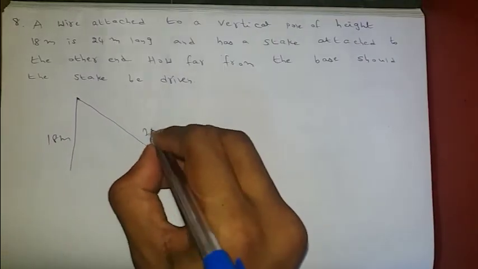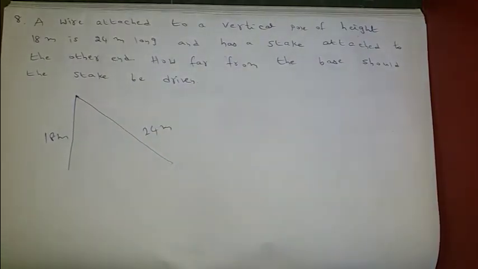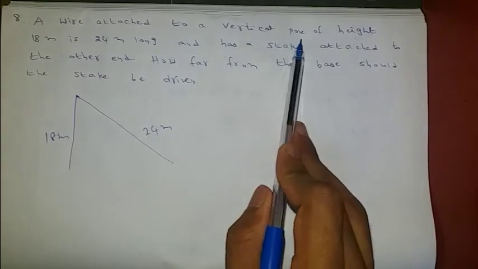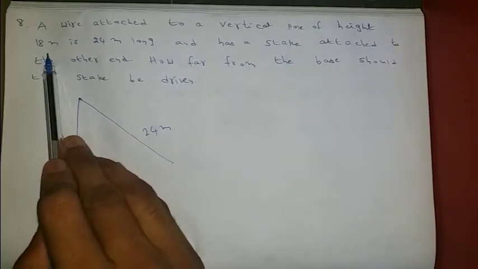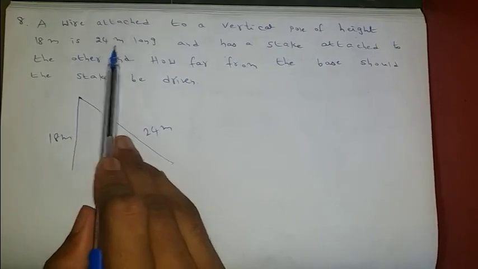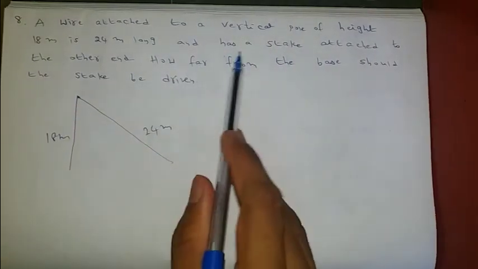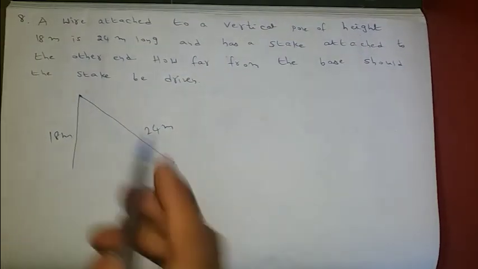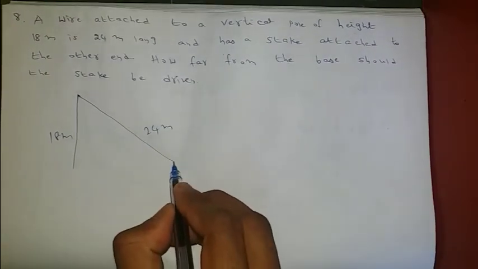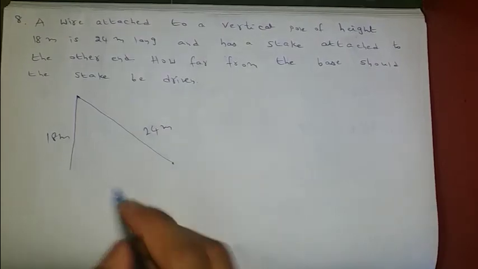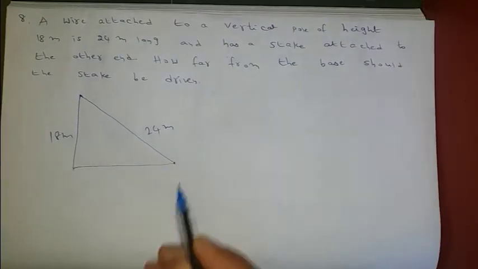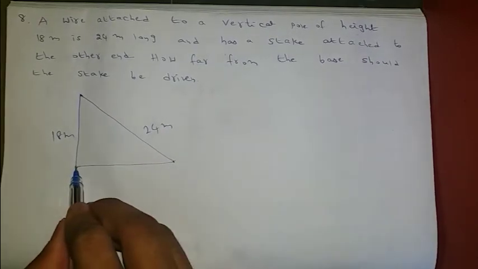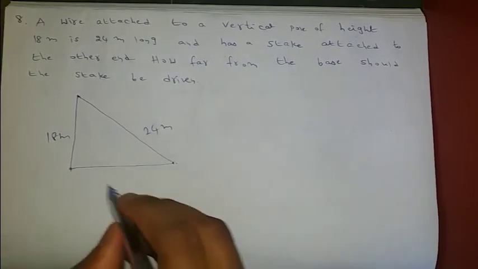This wire is 24 meters long and has a stake attached to the other end. One end we tied to the pole, then the second end, by making a stake, is attached to the base. He is asking how far from the base this stake should be driven.